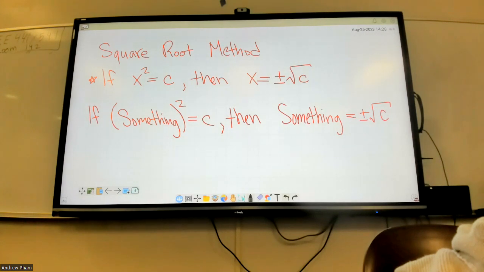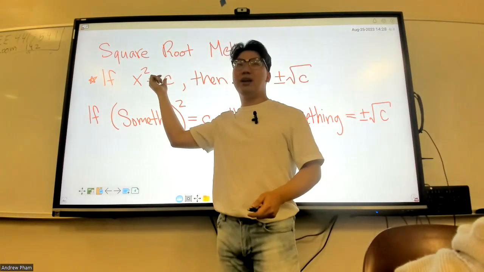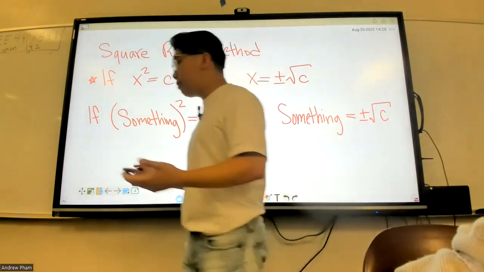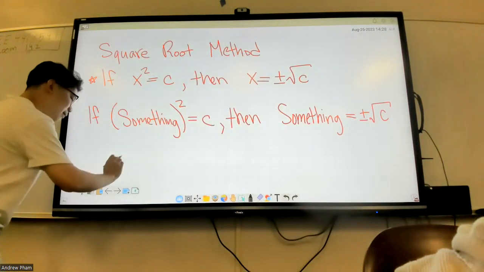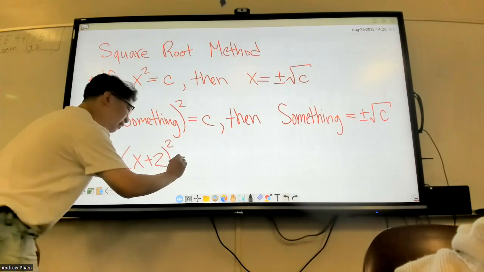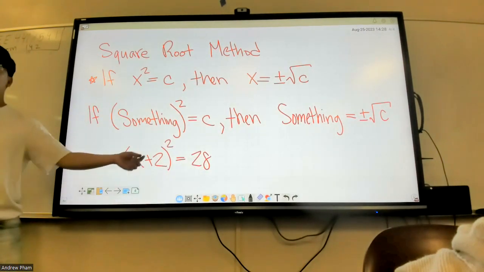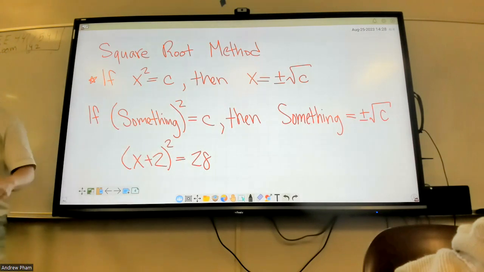So this is me emphasizing you can only use the square root method if you can have one thing squared equal to a number. We have it actually right here, one thing squared equal to a number. An example of what this might look like is, you don't have to write this, it's just an example. I have something squared equal to a number.